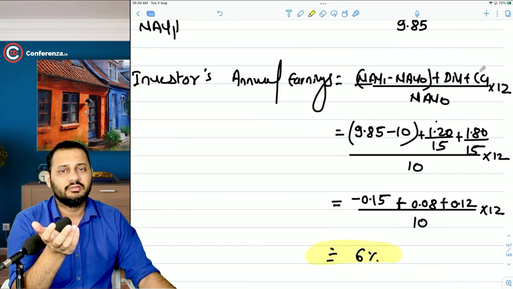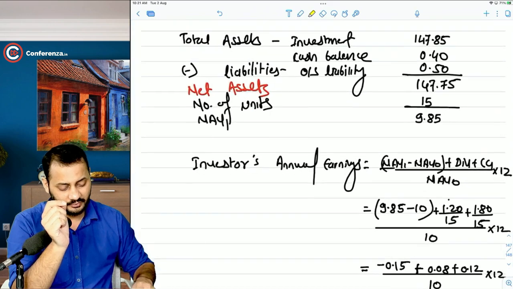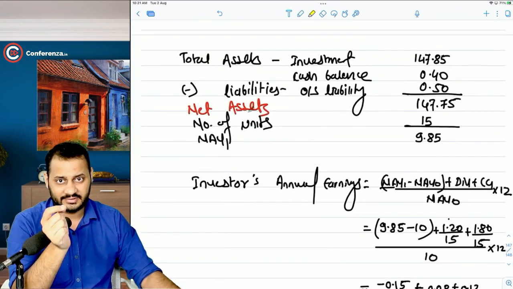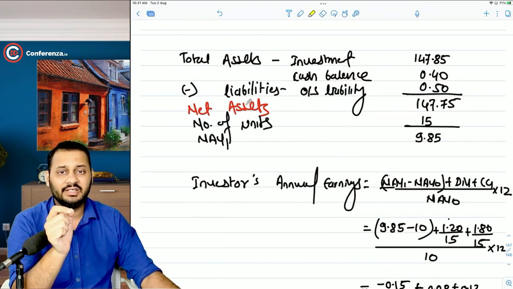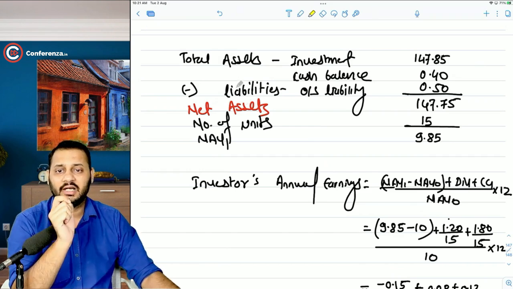And then we started doing the rest of the parts. We wanted to find out NAV 1, and for that purpose we needed a figure of net assets. We had number of units in the beginning itself, 15 lakhs, but we needed net assets. For net assets, you have to have total assets and liabilities.